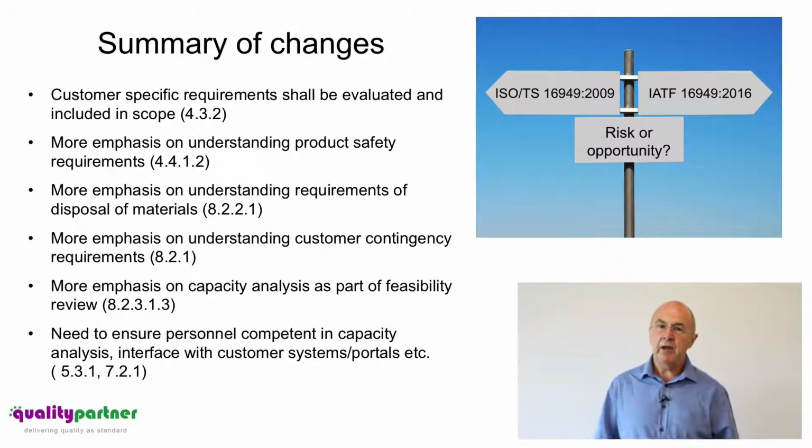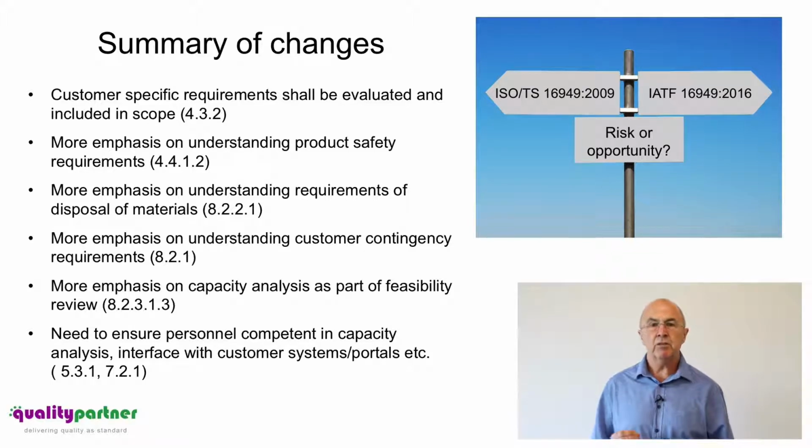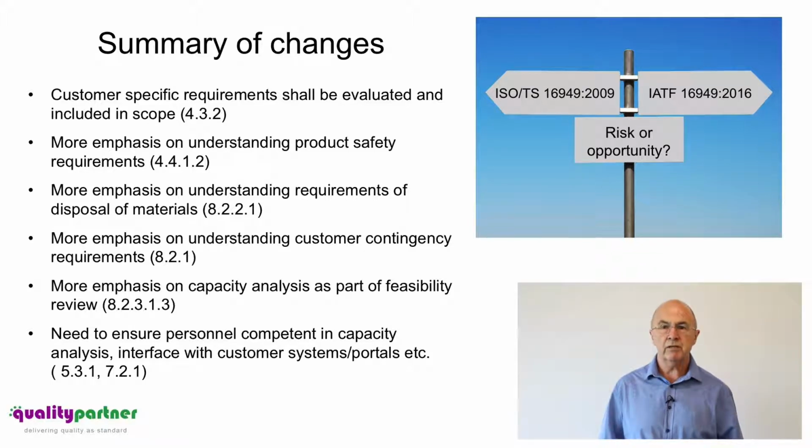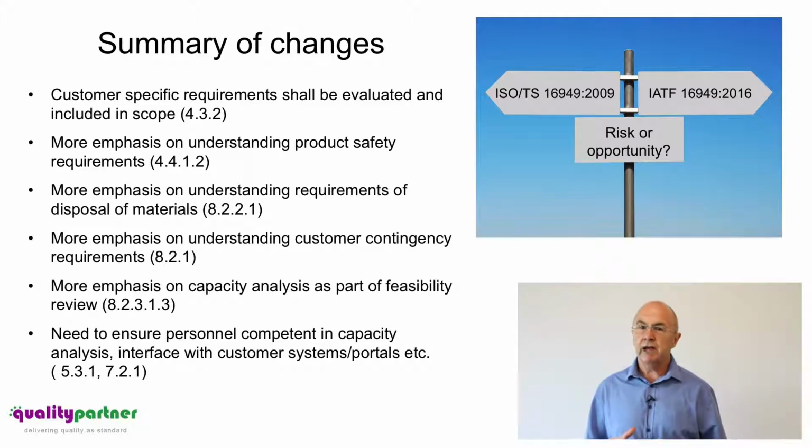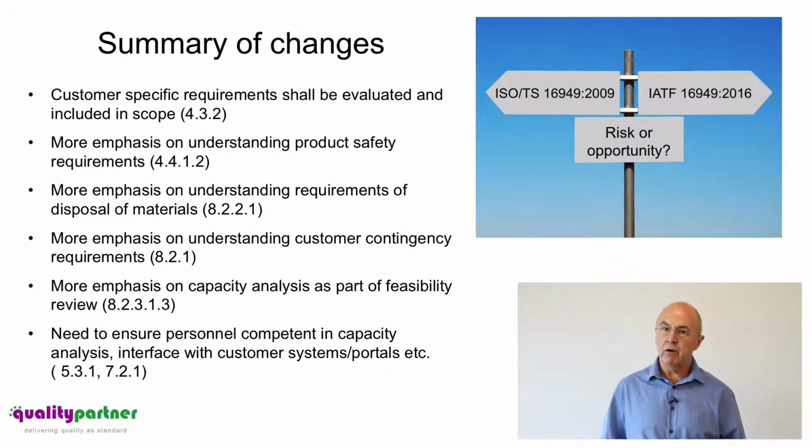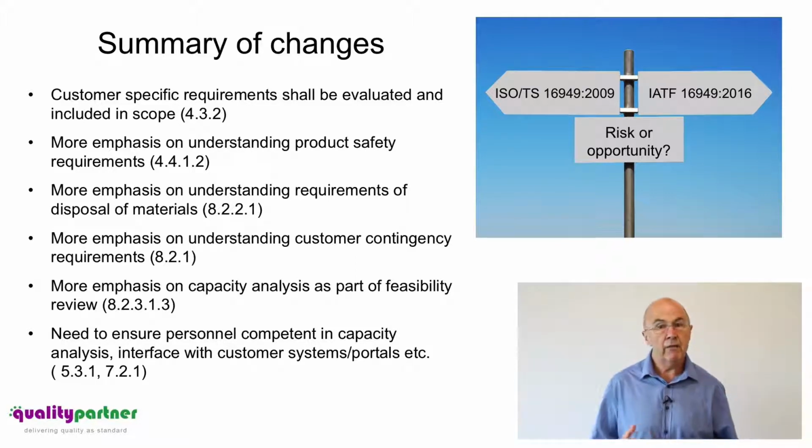We see in the new IATF 16949 far more emphasis on capacity analysis and capacity planning as part of the feasibility review process. I think some vehicle makers that have been going through a period of growth have had big problems with suppliers being able to meet their capacity requirements, even though in theory they should have planned to meet those new customer requirements.